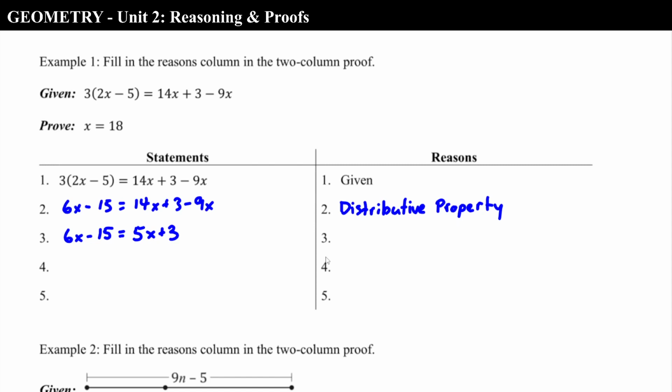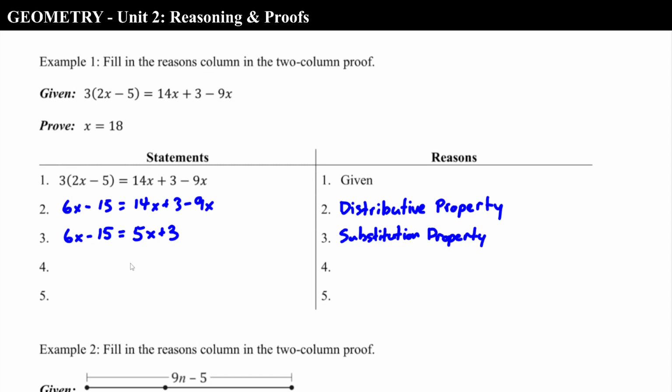Our reason is going to be substitution. What we did was we substituted one value for another. So the substitution property. So explicitly what we did was we substituted 5x in for 14x minus 9x, because those two things are equal to each other.